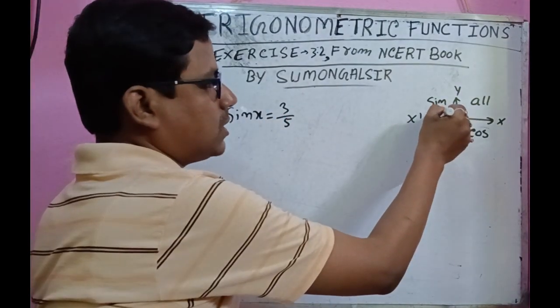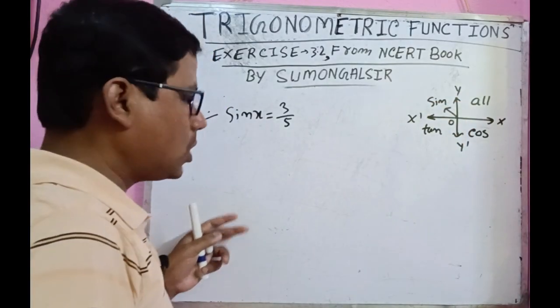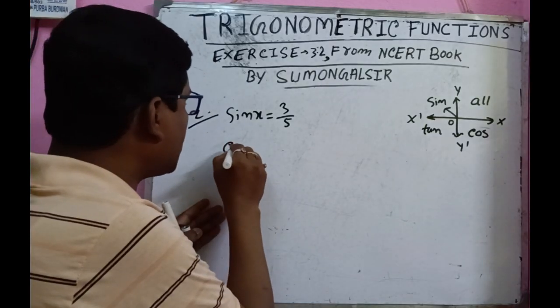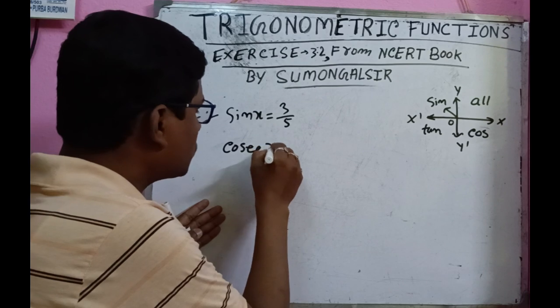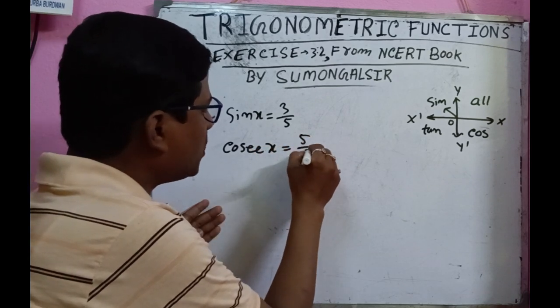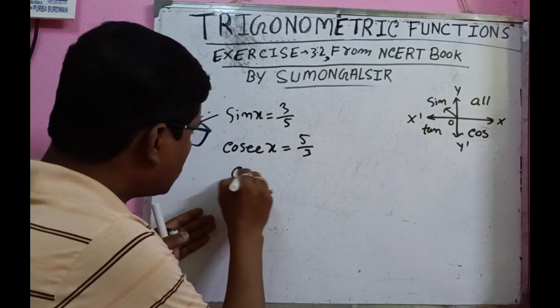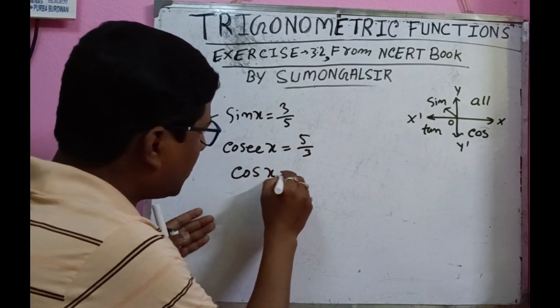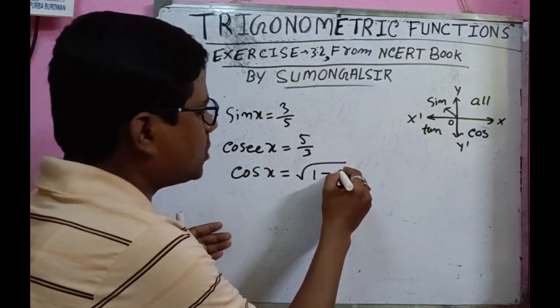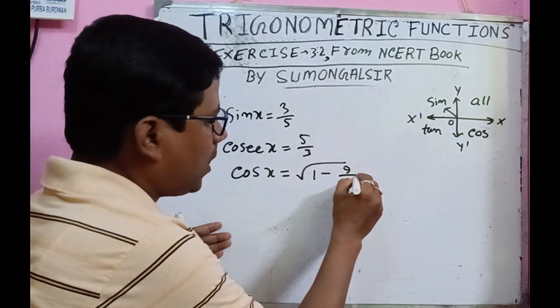We are discussing the second quadrant. So from this, cosec x will be 5 by 3, and cos x will be root under 1 minus sin square, that is 9 by 25.